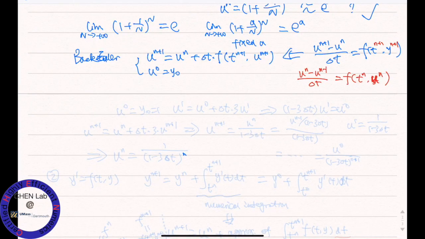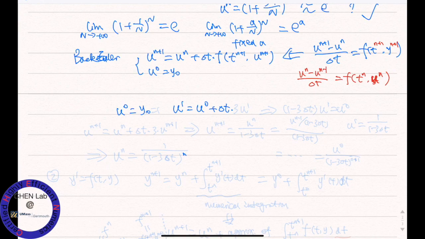So let's see what happens if we try to apply this to the same ODE. We have u0 is y0. For u1, what do we have? From the equation above, u1 is u0 plus delta t times f. f is 3y.